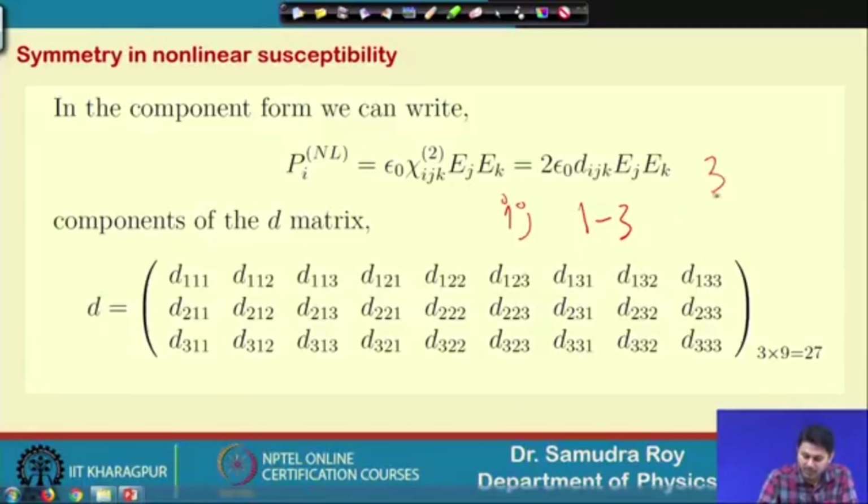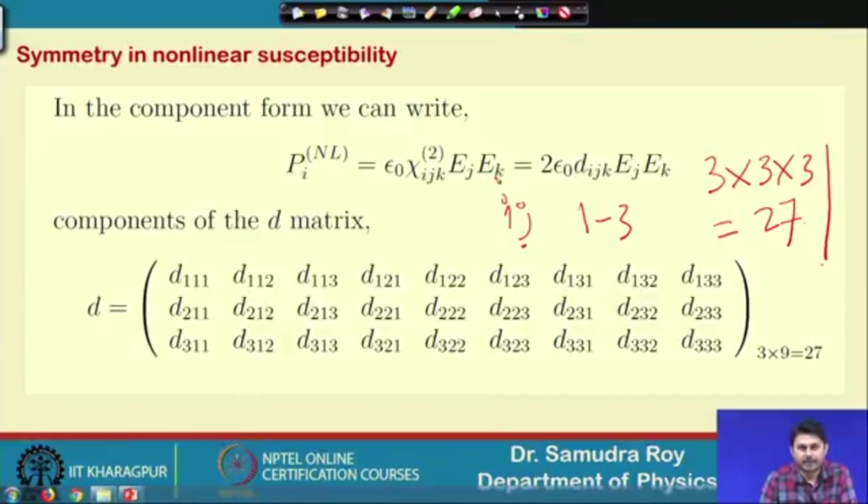So, I have 3 components. For each of those, I will have another 3 components for j, and for each j I will have another 3 components of i. So, we will eventually have 27 different components of this d when i, j, k all vary from 1 to 3.